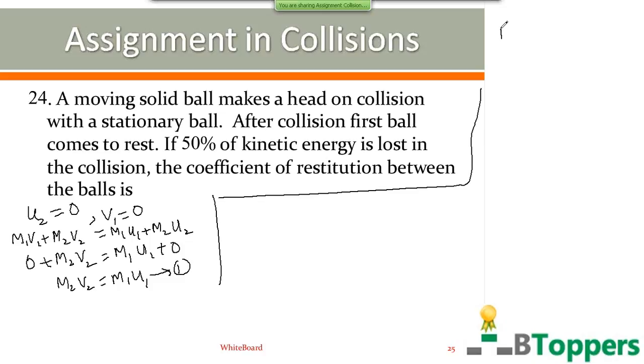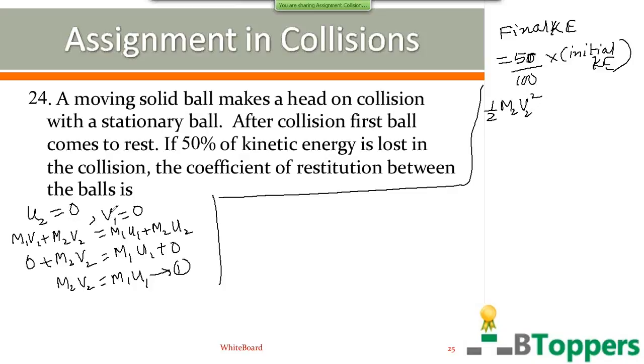Here it is given that 50% of the initial kinetic energy is lost during the collision. So the final kinetic energy of the system of two bodies after collision is 50% of the initial kinetic energy. So the final kinetic energy after collision is 50 by 100 times the initial kinetic energy before collision.